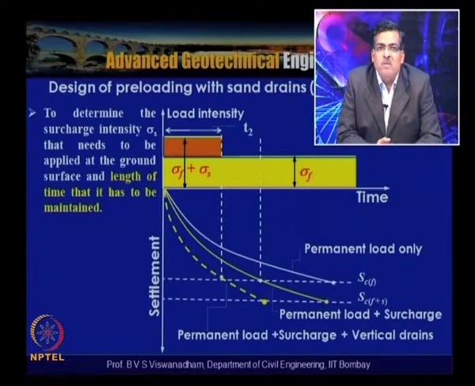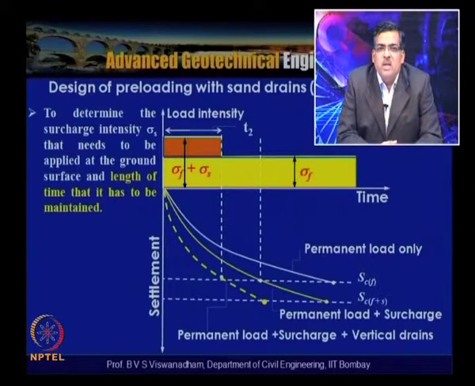So, we have to start with certain assumptions, and if that assumption proves to be over conservative, we can do the optimization. So, with that we can calculate the time which is required to accelerate the consolidation.